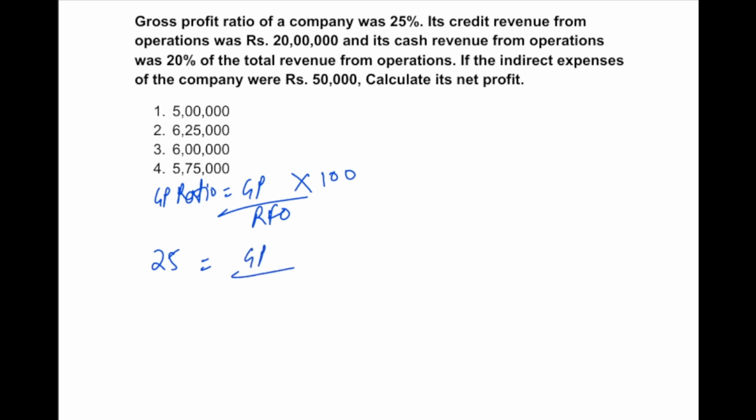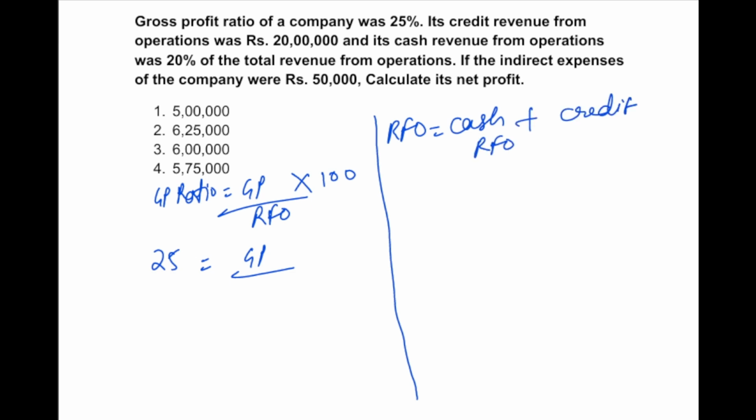GP is not given, RFO is given. RFO is also not directly given. Net sales include both cash sales and credit sales. So first we have to calculate net sales. Credit sales is given 20 lakh.